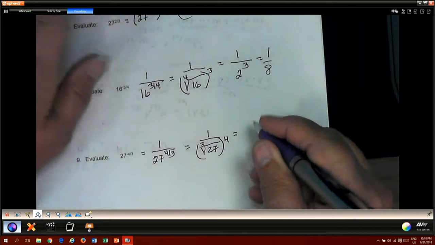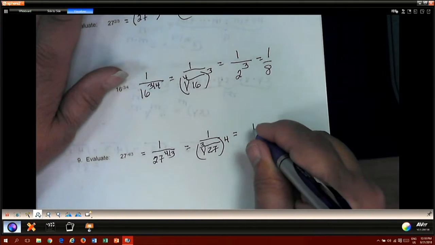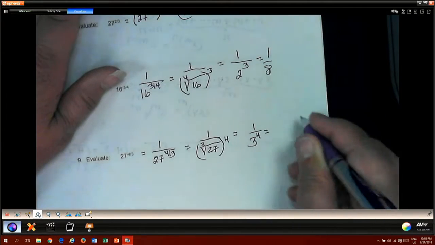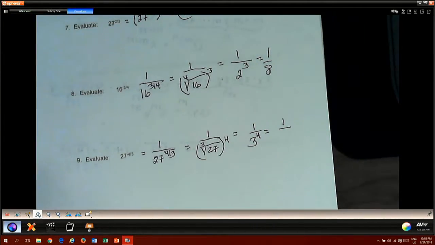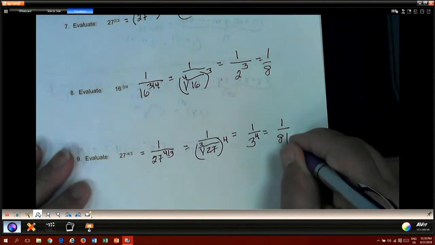Well, in the previous problem, we decided the cubed root of 27 was 3. So it's 1 over 3 to the 4th. So 3 to the 4th. 3 times 3 is 9. Times another 3 is 27. Times another 3 is 81.